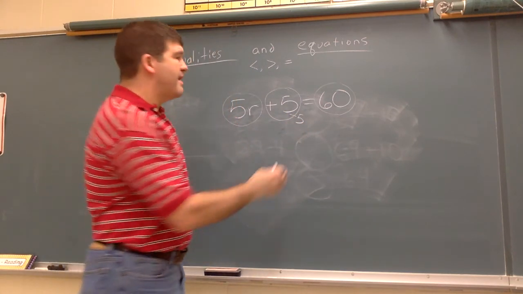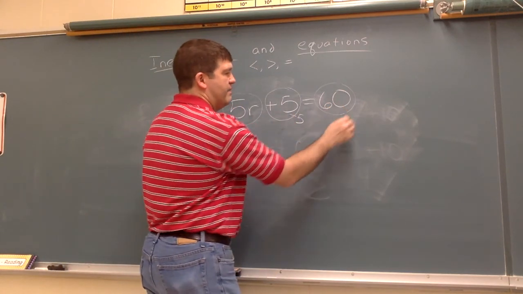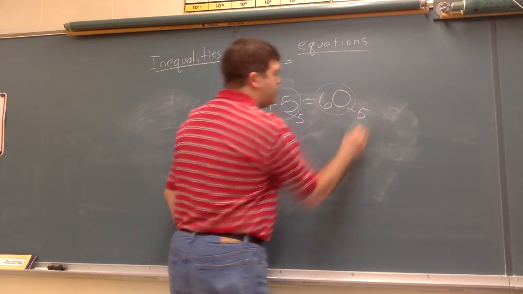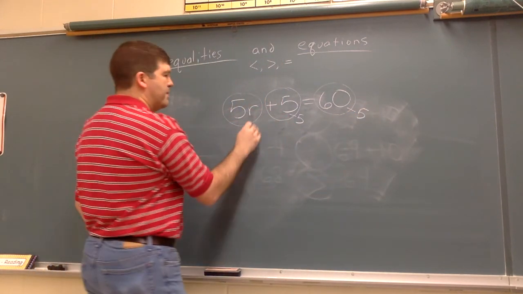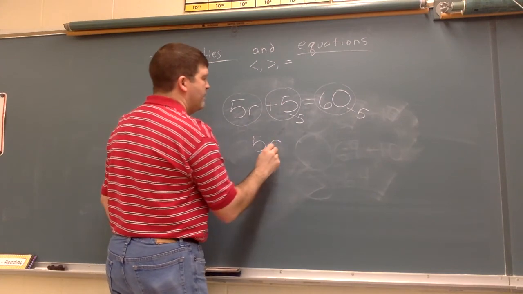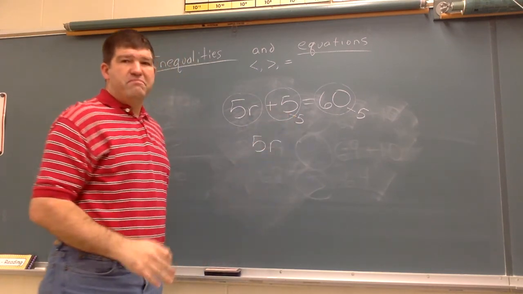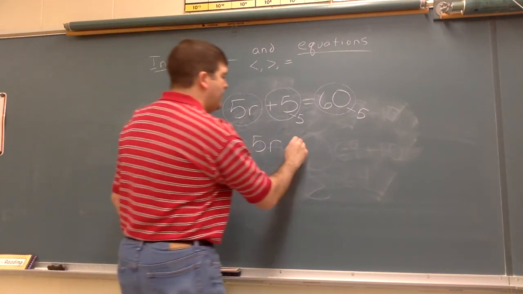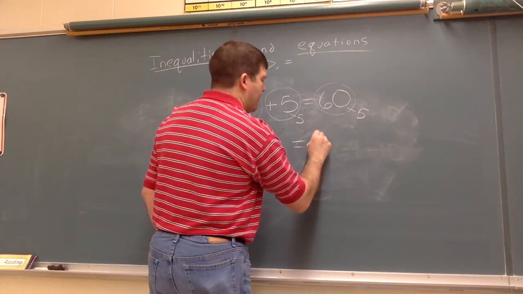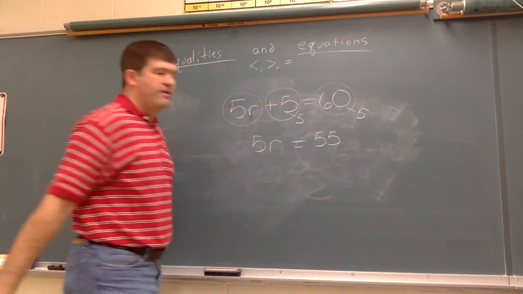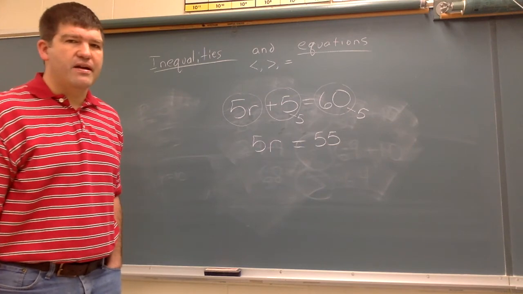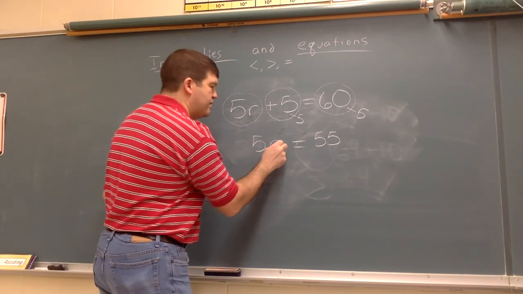But if I do it on that side of the equals, I have to do it on this side, minus 5. Okay, so now I'm going to bring things down. 5r plus 5 minus 5, gone, equals 60 minus 5, 55.